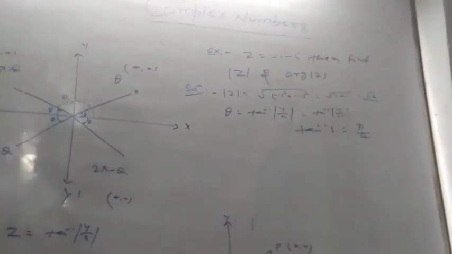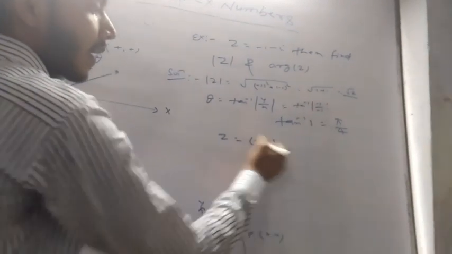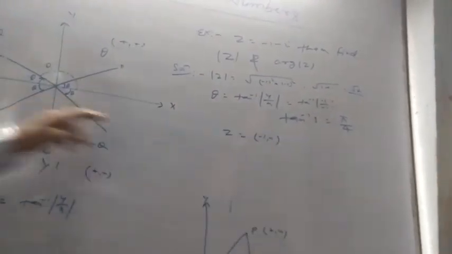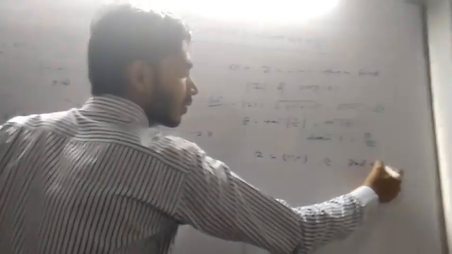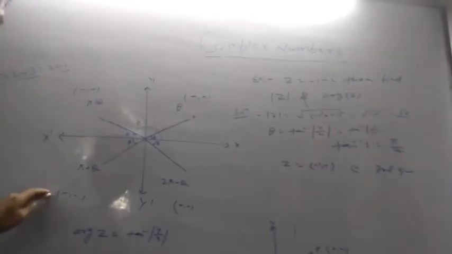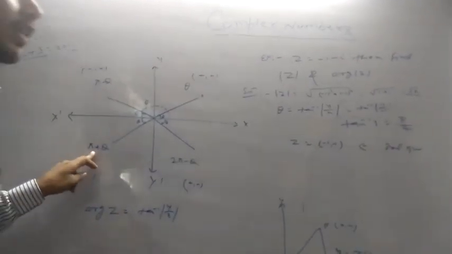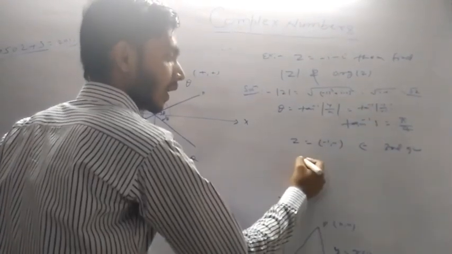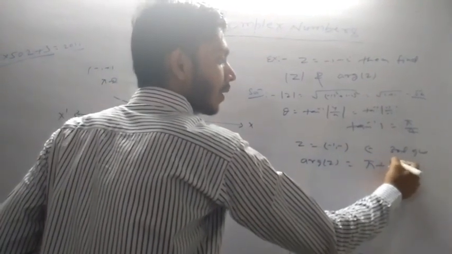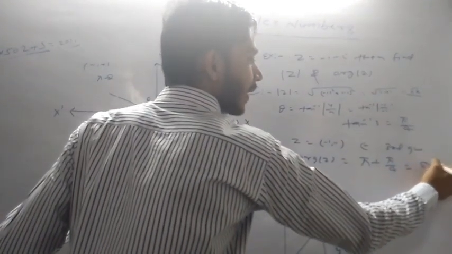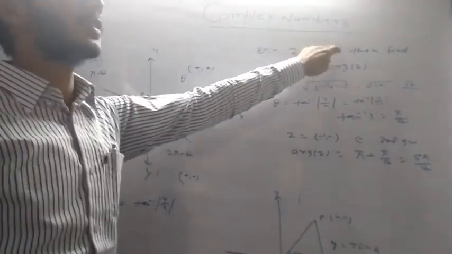But now you can see this point z is equal to minus 1 minus iota belongs to the third quadrant. So in the third quadrant, argument of z is equal to pi plus theta. So argument of z is equal to pi plus pi by 4. This is the argument of z equal to minus 1 minus iota.